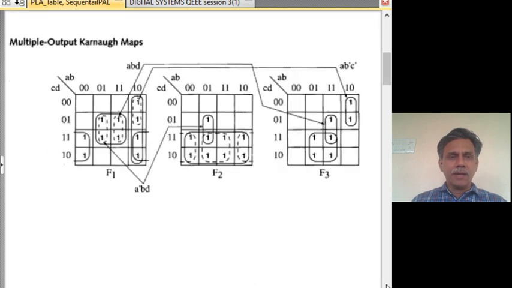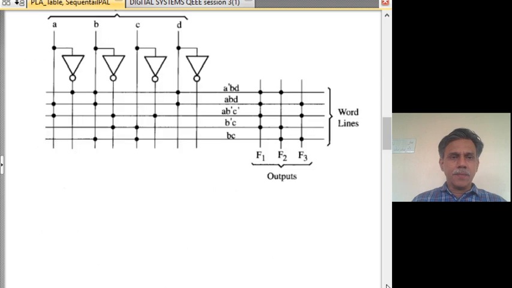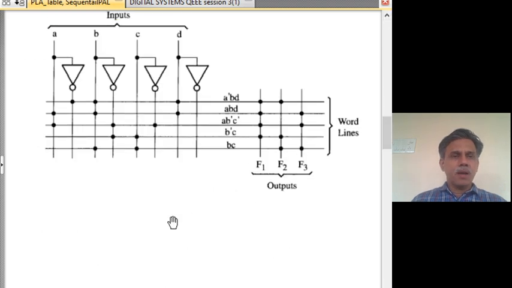To recollect, you have a PLA of this form, where we have 4 input variables named A, B, C, D, and we have 3 functions F1, F2, F3, each function being a function of these 4 variables A, B, C, D to be realized.